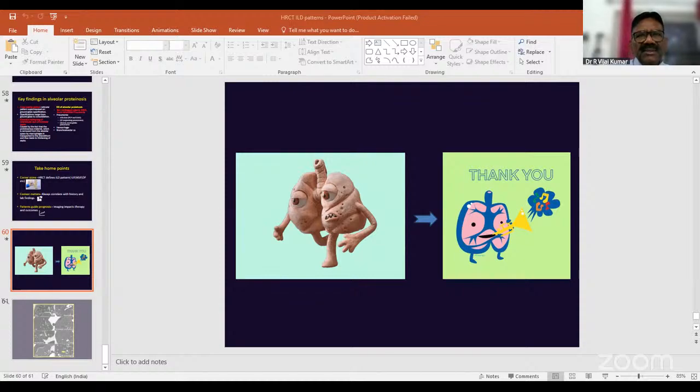In many of the patients where the treatment was started a little late, or where there was very extensive damage to begin with, the shadows never went away completely. They persisted in the form of interstitial thickening, crazy paving pattern, and patients are still symptomatic. They still have cough, they are still breathless on walking, breathless on going up the staircase.